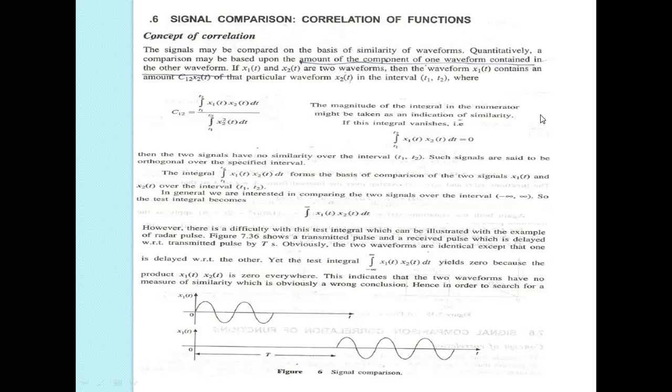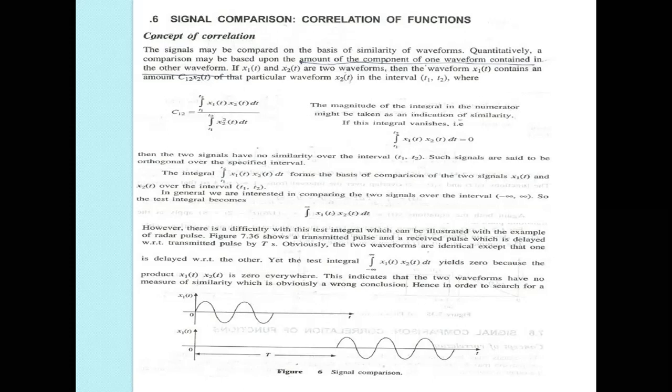Without knowing the convolution, it is somewhat difficult to understand the correlation of functions. There is definitely a relation between convolution and correlation, formula-wise and concept-wise also. Now what is the concept you have to see here? Both are the same.